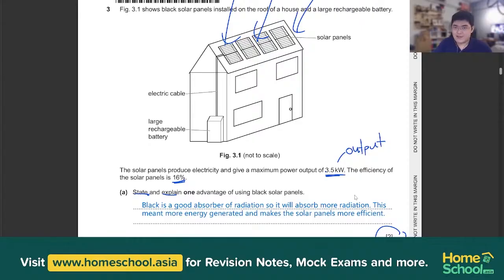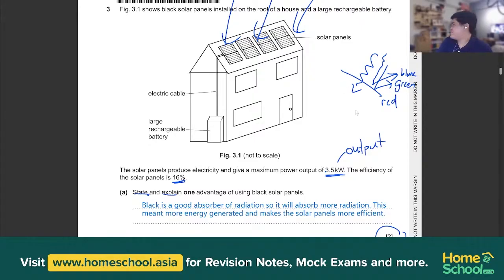For example, red will only absorb red wavelengths. As for the rest of the wavelengths, they get reflected. Like let's say this is blue, this is green. All other wavelengths will be reflected, but only red will be absorbed.